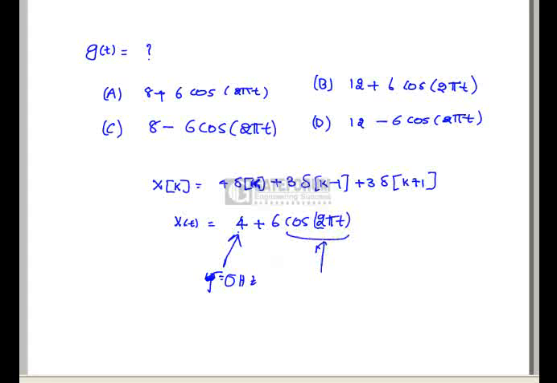For this term the frequency is 1 Hz. Hence g of t equals to 8 plus 6 cos 2 pi t. Hence option A is correct.